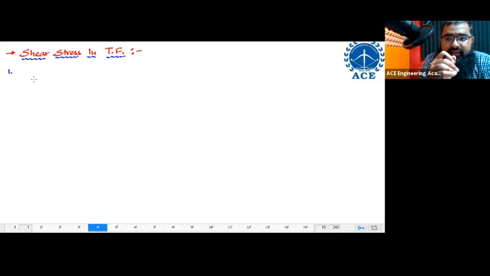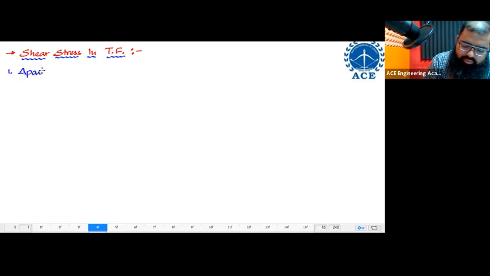The second thing is, in the case of turbulent flow, apart from the shear stress due to viscosity, there is an additional shear stress developed. This additional shear stress is due to turbulence. Whenever turbulence takes place, an additional shear stress is observed by the fluid particles. So now I'm going to write down that statement over here.